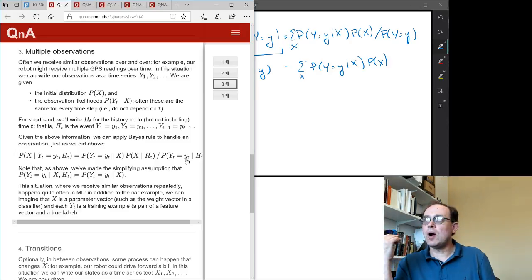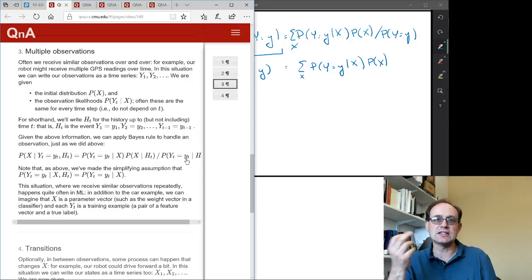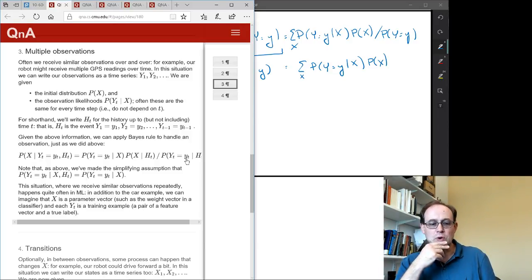Okay, so our car with a GPS receiver example is one example of where we get this, but this comes up over and over in machine learning. Maybe the most common place it comes up is that our state vector, our latent variable, could be the parameters of some machine learning hypothesis we're trying to learn. For example, it could be the weight vector in a classifier like the perceptron that we were learning before.